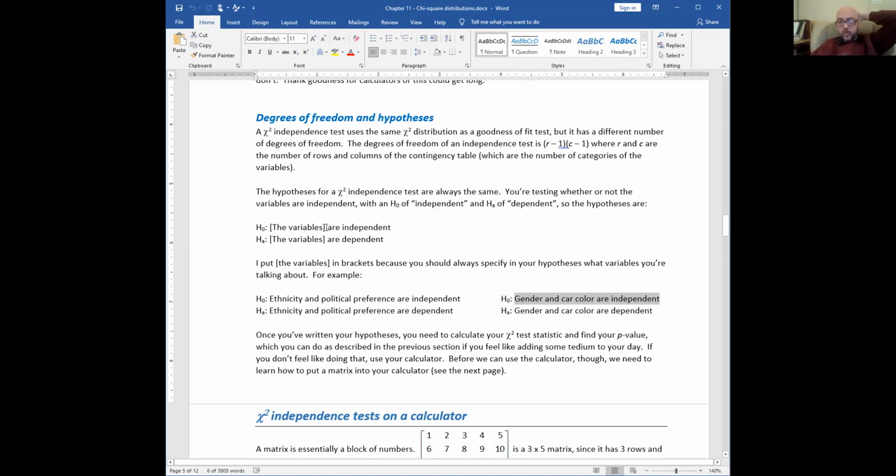Okay, so we need to do all of the normal stuff for finding our p-value and determining whether we're supporting the null hypothesis or the alternative hypothesis. But first, let's write down what our hypotheses are. Let me get a whiteboard going here.